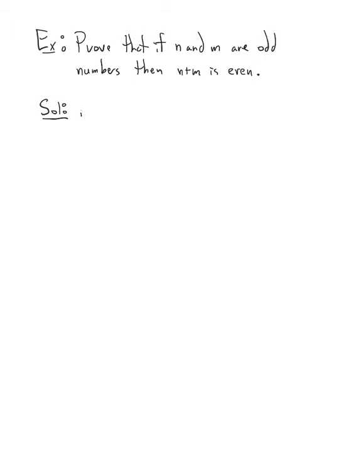So step 1 is we want to assume the if part is true, so n and m are odd numbers. So let's assume n and m are odd. So what does that mean? That means n I can write as 2 times, I'm not going to use k and l because I always do, so let me use something different, r and s, doesn't really matter.